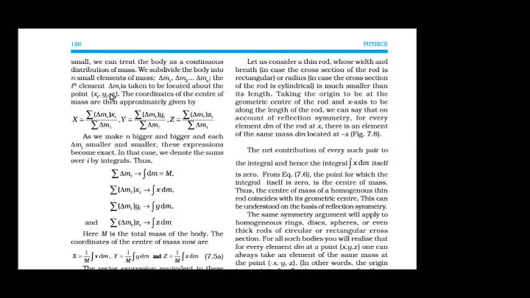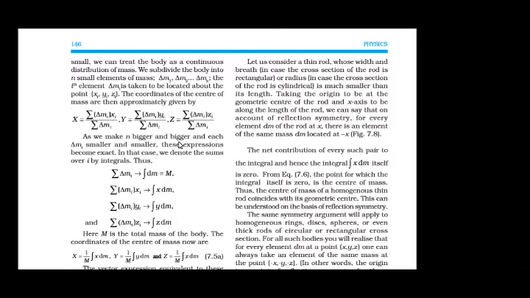The ith element delta mi is taken to be located about the point xi, yi, zi. The coordinates of the center of mass are then approximately given by x is equal to sigma delta mi xi upon sigma delta mi, y is equal to sigma delta mi yi upon sigma delta mi, z is equal to sigma delta mi zi upon sigma delta mi.